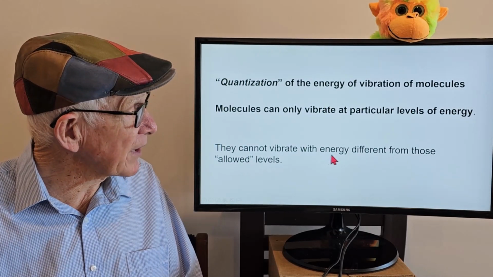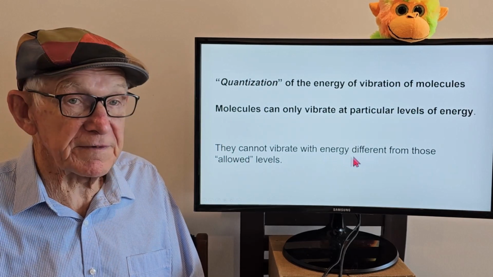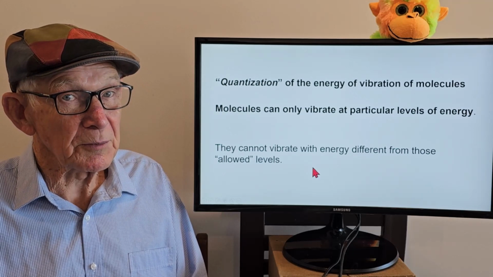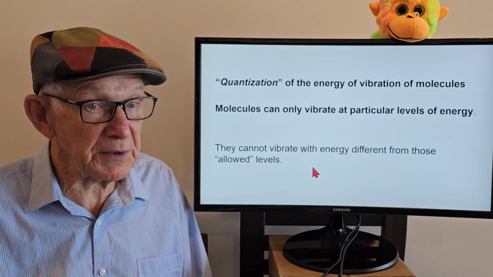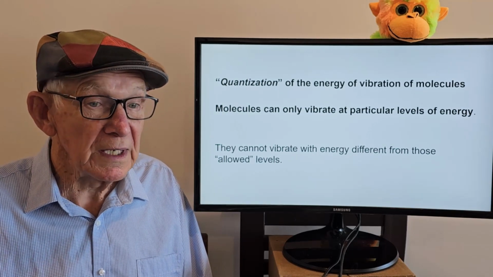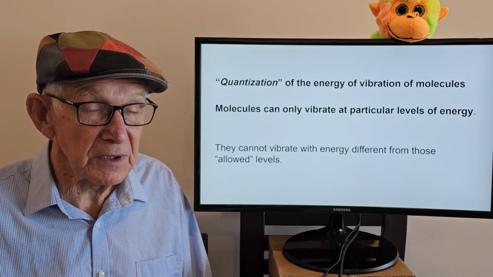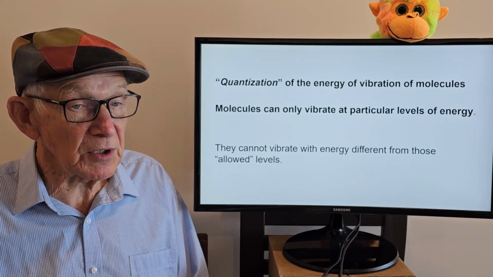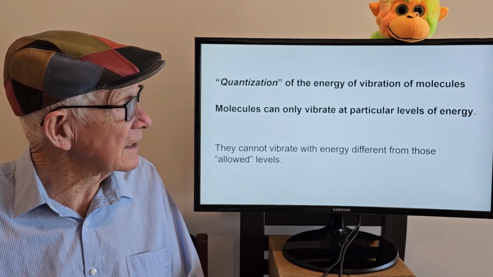They cannot vibrate with energies that are different from the allowed levels. And that will seem probably quite strange to our experience, because we can walk at any old speed we want to, we can drive at any old speed we want to, but molecules can't vibrate at any old speed they want to.